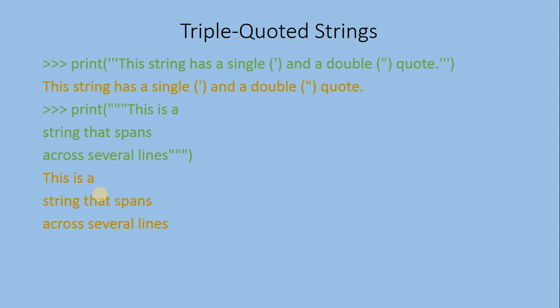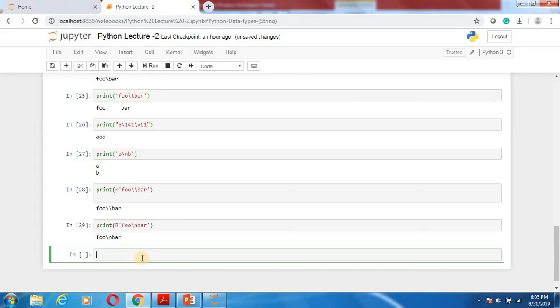Escape sequences still work in triple quoted strings, but single quotes, double quotes, and new lines can be included without escaping them. This provides a convenient way to create a string with both single and double quotes in it. I'll show you one example of a triple quoted string.